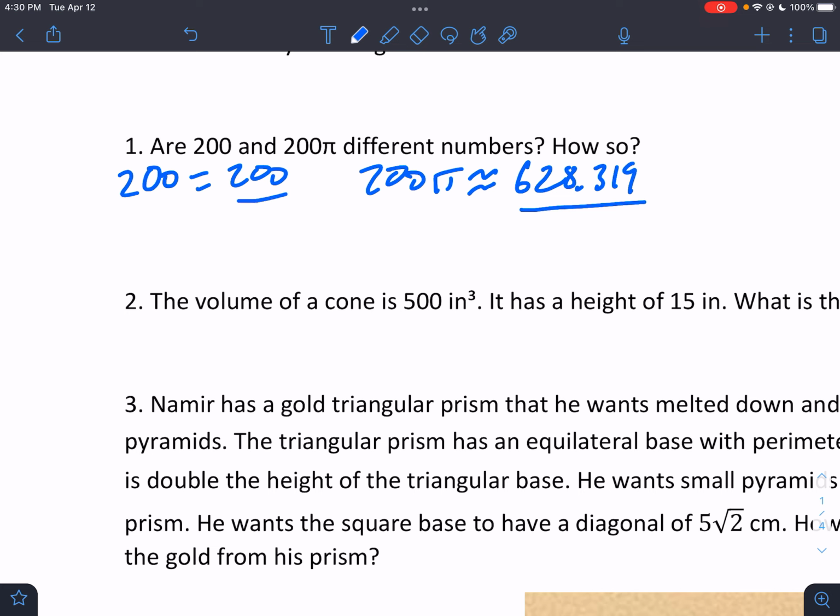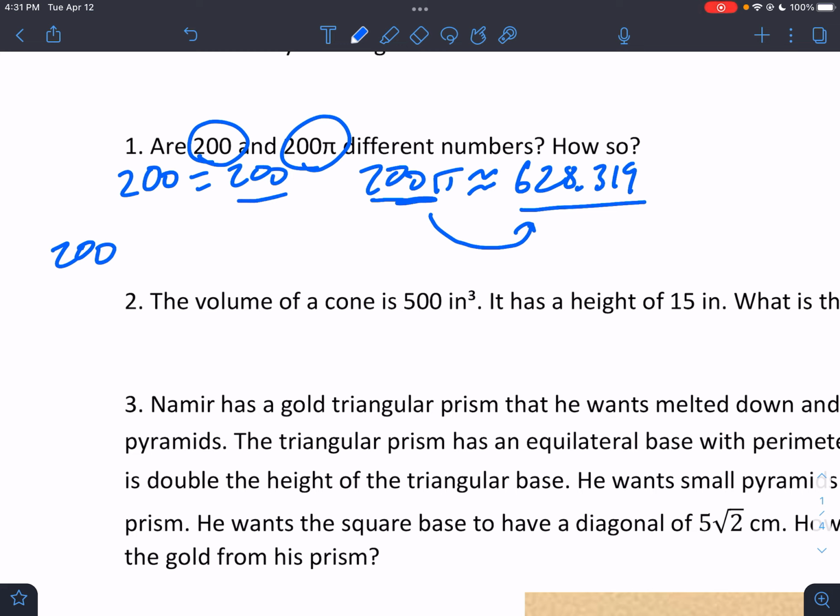Are those the same thing? No, they're not. So please, I'm begging you on the test, if something says 200, it means 200. If something says 200 pi, it means 200 pi, which is approximately this number. Those are very different things.